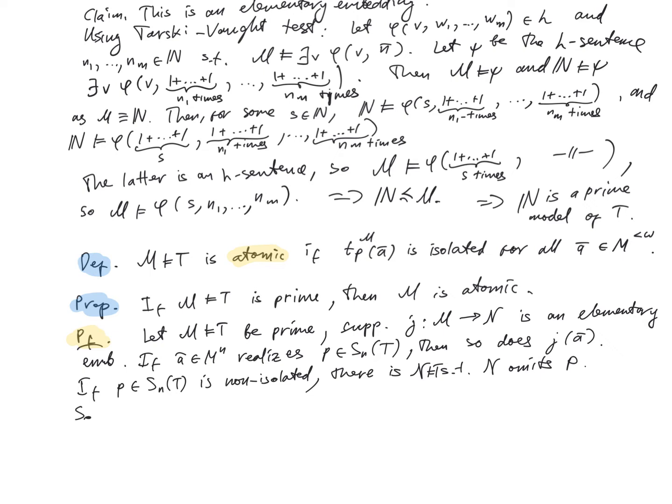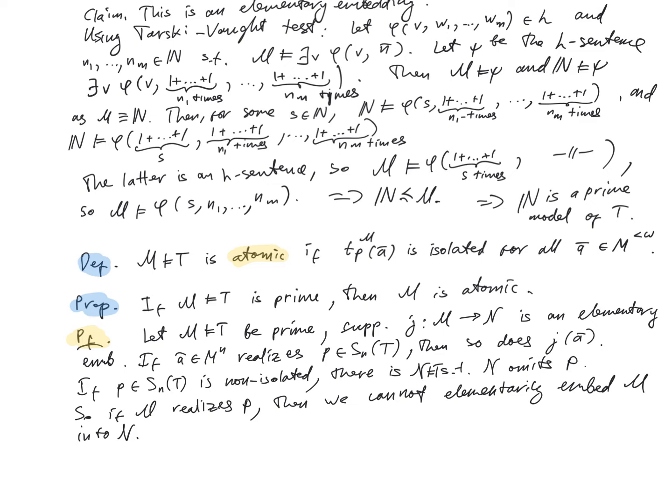It follows that if M realizes p, then we cannot elementarily embed M into N, which omits p. So it follows that M must omit p.